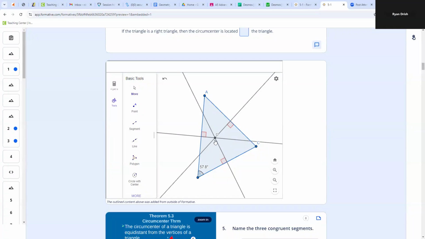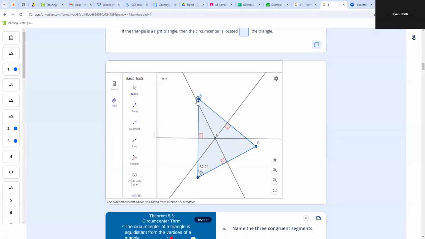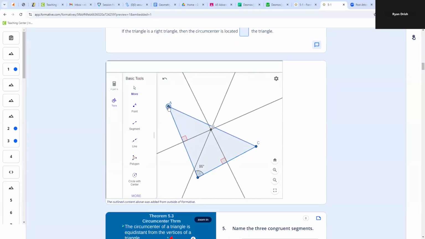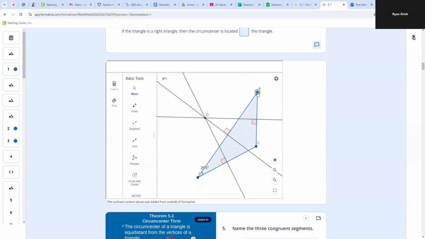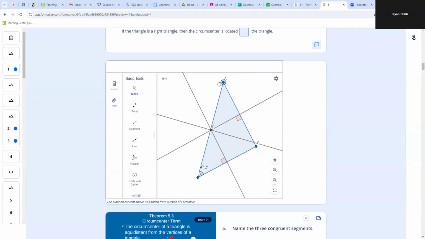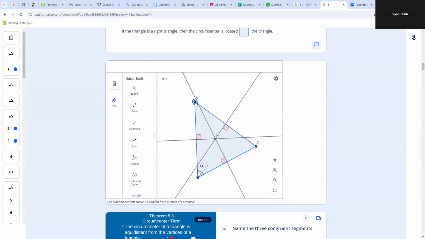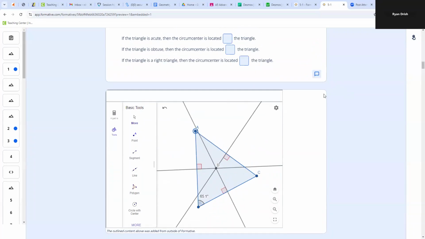The point at which they meet is called the circumcenter. You can drag around these points and see that as you drag things around, the circumcenter moves. And sometimes the circumcenter can go outside of the triangle. This is still considered a center of the triangle, and it is the circumcenter. So you can mess around with it, and we're going to answer the following questions.